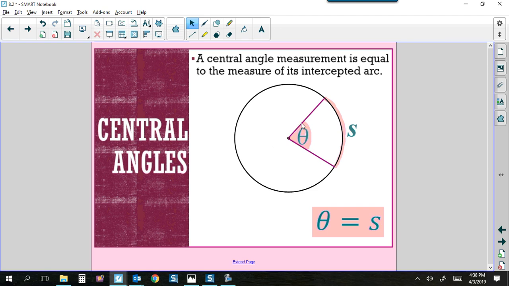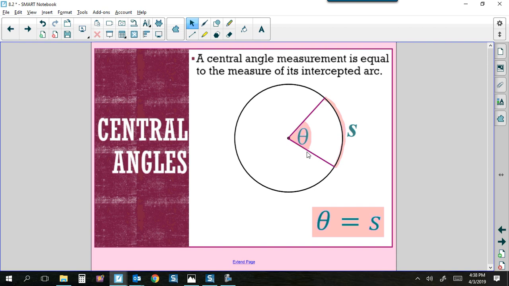And the little piece we're drawing on the inside is basically the same angle as out there on the outside of the circle.